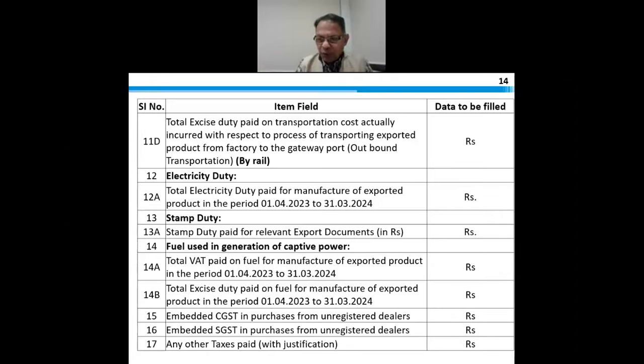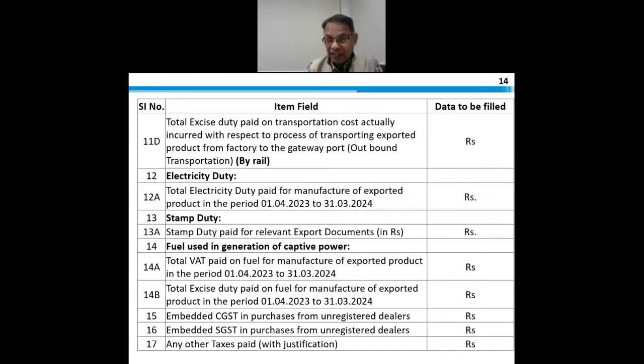If you have exported 60% of your production, 60% of electricity duty you can say is utilized for export. If you are exporting 20% of your production, 20% of total electricity duty you paid during the year can be treated as a cost of electricity duty for export purposes. So purely based on working of these.